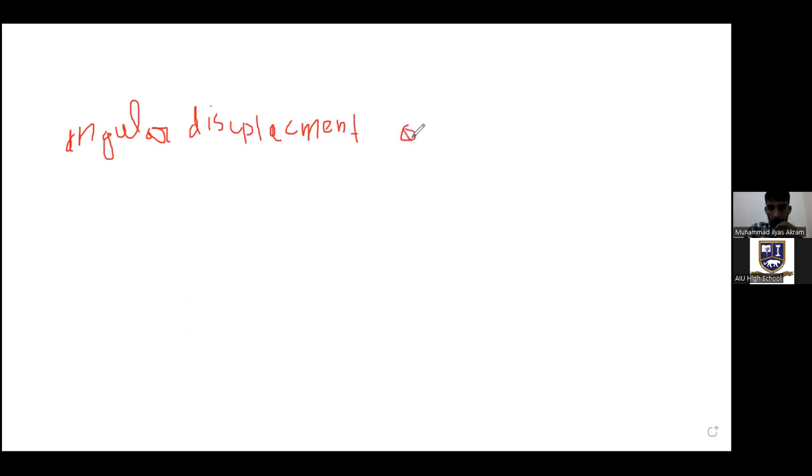That is the distance traveled by the particle from here to here in a circular motion, considering an angle of theta about 2 points. If a particle, that is the particle P1, travels from here to here and covers a distance R and makes an angle theta between 2 points, that is called angular displacement.